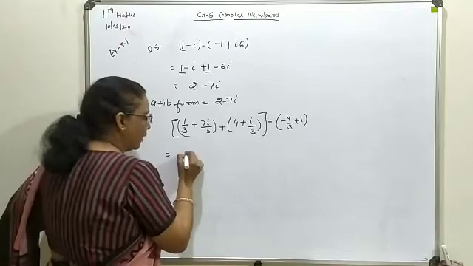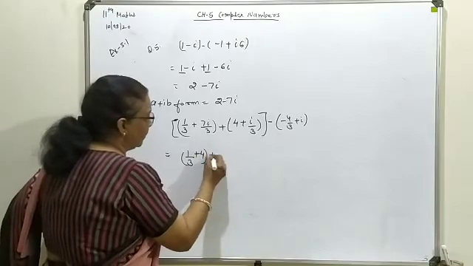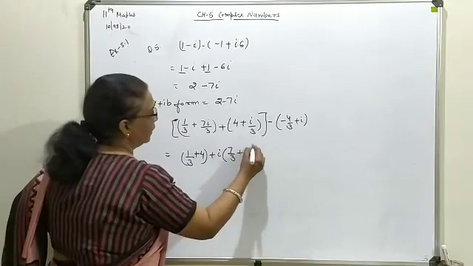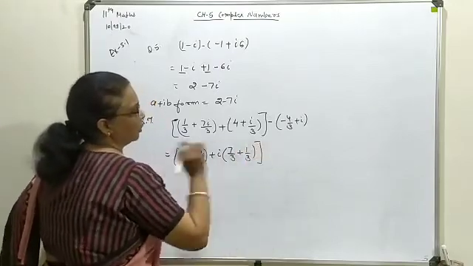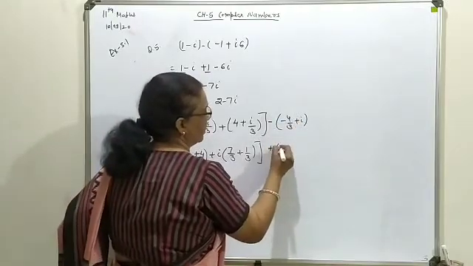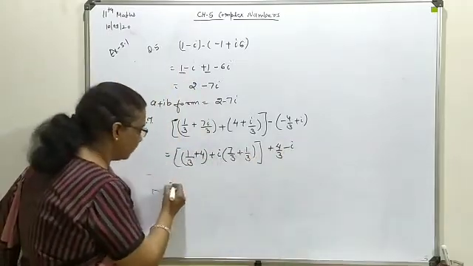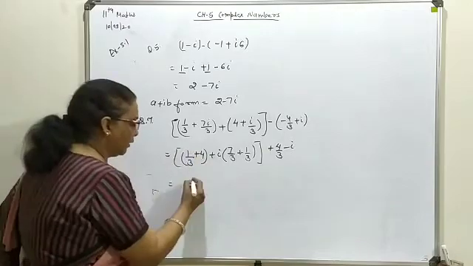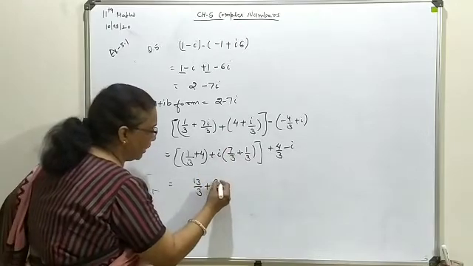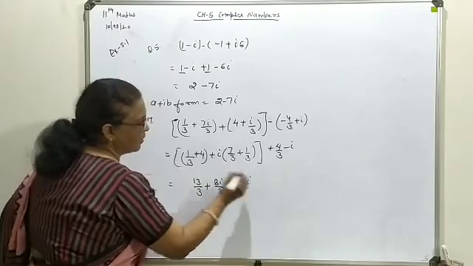So here this is 1 upon 3 plus 4, meaning real part we will make it combined, plus iota we will take common, so 7 by 3 plus 1 upon 3. Make your bracket close. Now then multiply with the negative sign. So this is minus 4 by 3 minus iota. Now here go for taking LCM, that will give you 12 plus 1, 13 by 3, plus here it is 8 iota upon 3, plus 4 upon 3 minus iota.